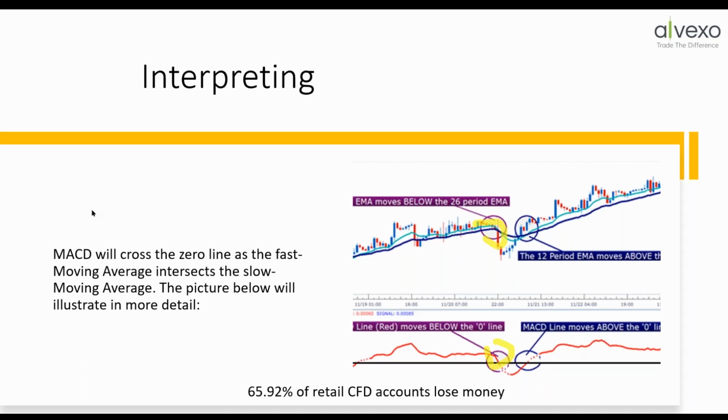The 12 period moving average, if you say using a 1 hour chart, looks back over the last 12 hours, whereas the 26 period looks back over 26 hours. The 12 period will react faster only because it's taking the most current 12 segments and dividing it by 12, where the longer one is using 26 segments and dividing it by 26.